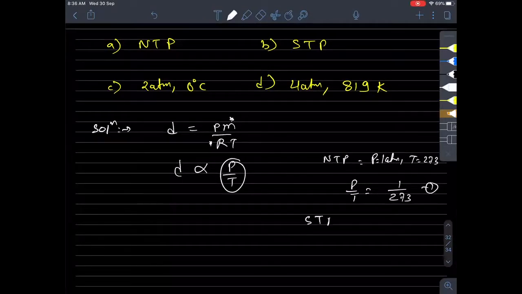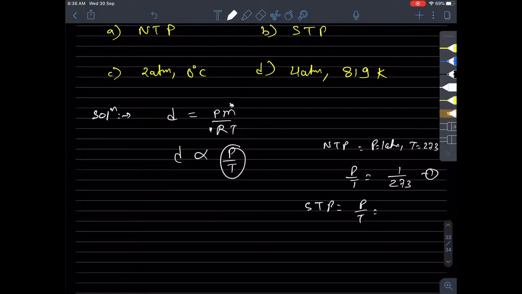STP, you know, pressure approximately, not exactly, but you know at STP pressure is 1 bar.